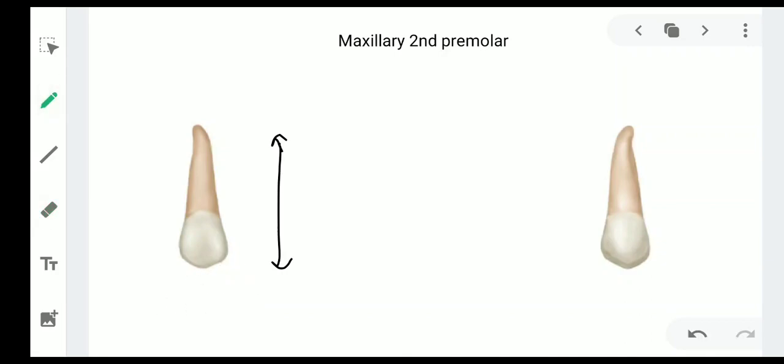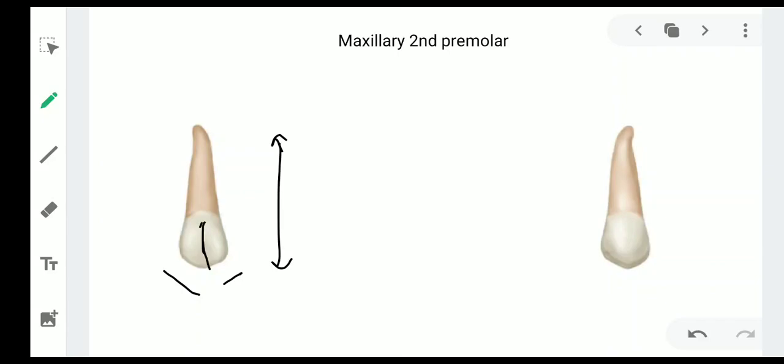The mesial slope here is shorter and the distal slope is longer, so it is the reverse of what we studied in the maxillary first premolar. The buccal ridge is present but it is not that prominent in this tooth.